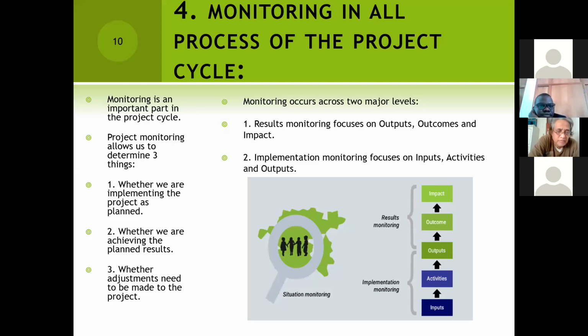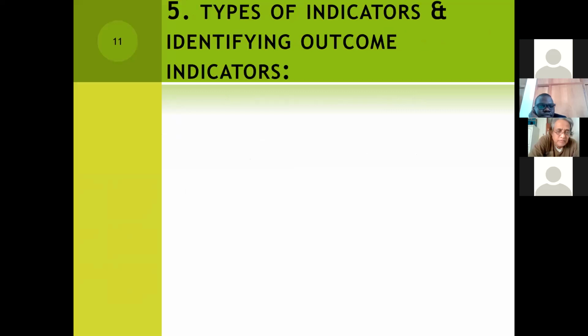Now, let me move this discussion further. I just want to look at the whole issue of indicators. Sometimes there is a lot of confusion when you are looking at the different indicators, be it process indicators, output indicators, outcome indicators or impact indicators.